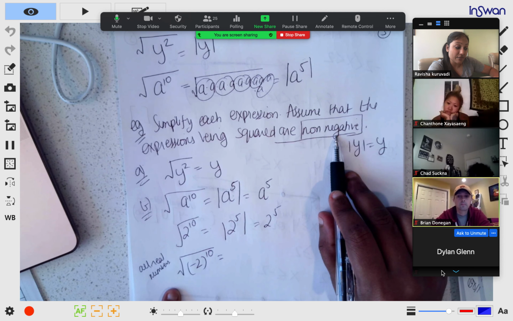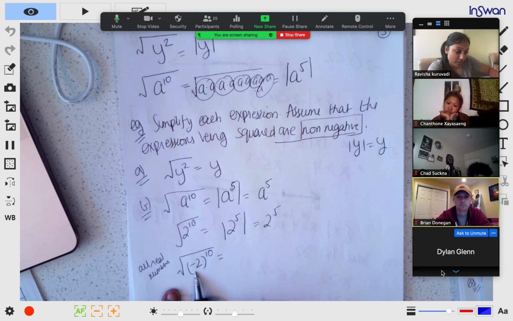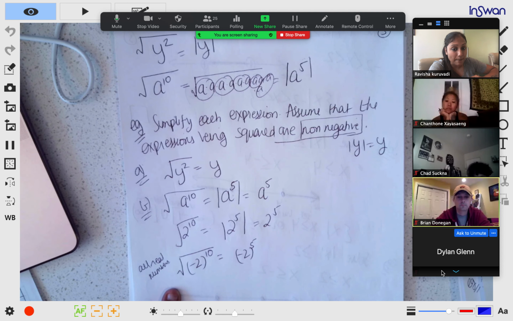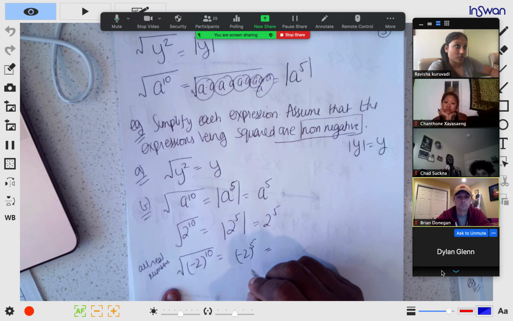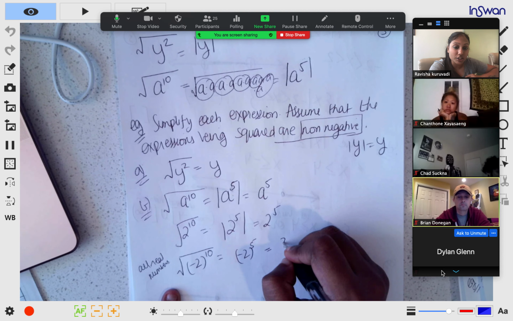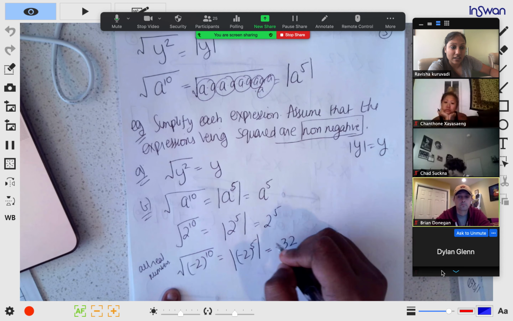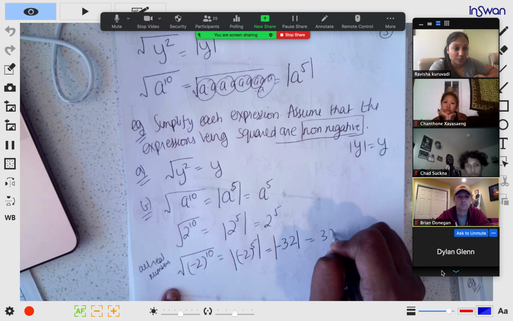But in this case, if I take a negative number and don't put an absolute sign, my final answer will be negative 2 to the power of 5, which is negative 32. But that's not possible. I cannot have a negative answer for a square root. That's why I have to put an absolute sign. So the answer will be 32. Are you getting my point?